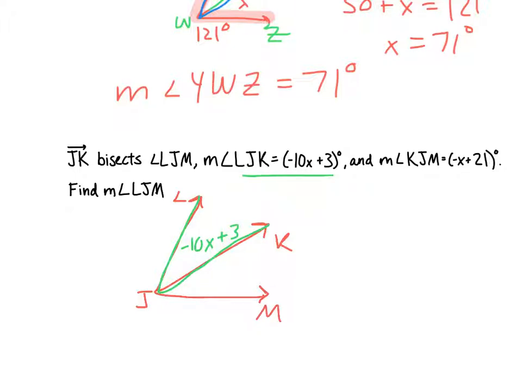And KJM is negative x plus 21. Find the measure of LJM. What do we do first? Add them.